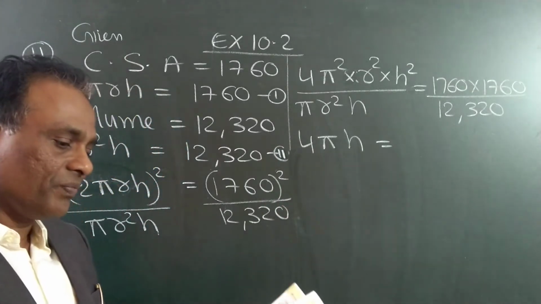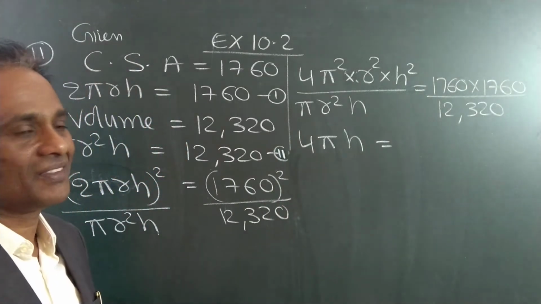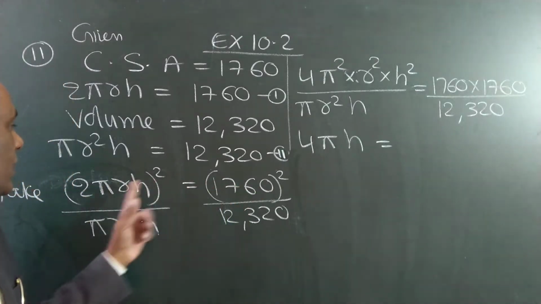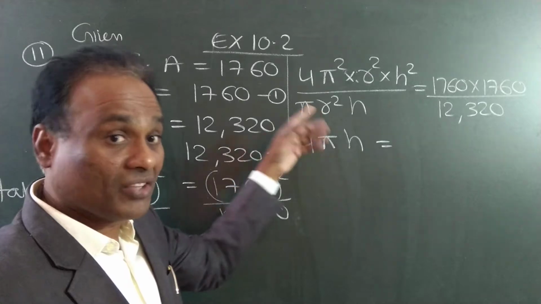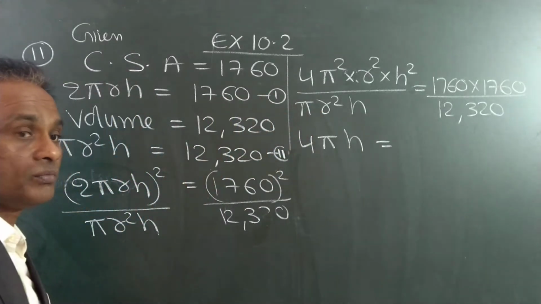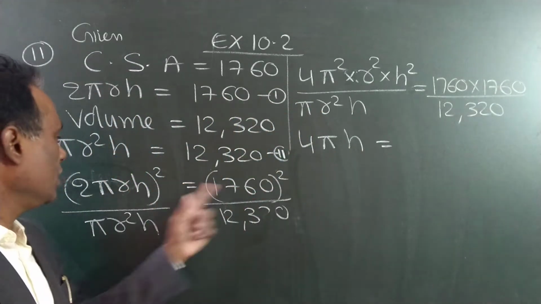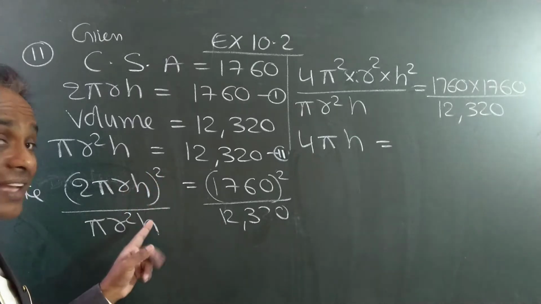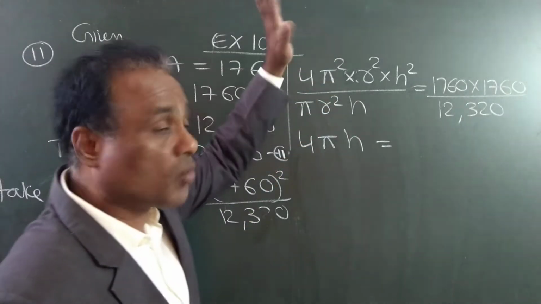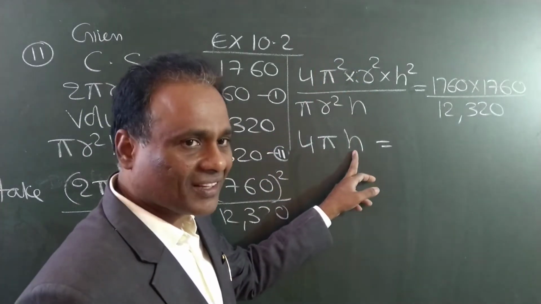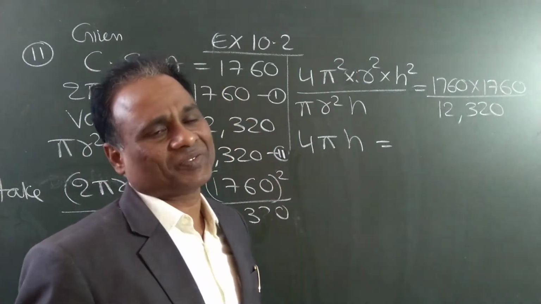H is asked, find the height. That's why I did the square, so that we will get r square and that r square gets cancelled. Otherwise, it will become a lengthy process. I have to get r square so that I can cancel this r square. If you remove r square, only h is there, and in the next step you will get the h value.